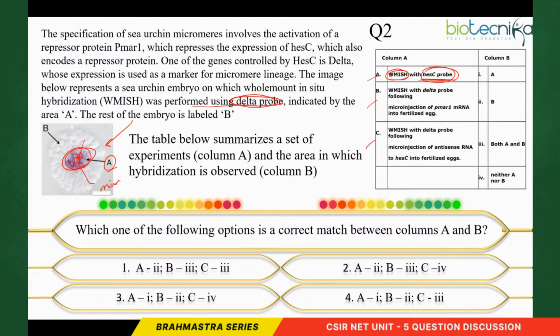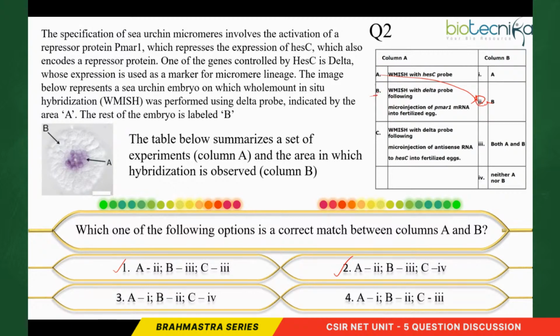So here in A, you will not see coloration. Okay, but in the nearby areas, PMAR is not there. So there HESC can be present. So you will see this in B. Okay, the A you would be seeing in 2. A would be 2 actually. Okay, this 2 is for B. So A would be 2. Okay, so that means it can be either 1 or it can be option 2.